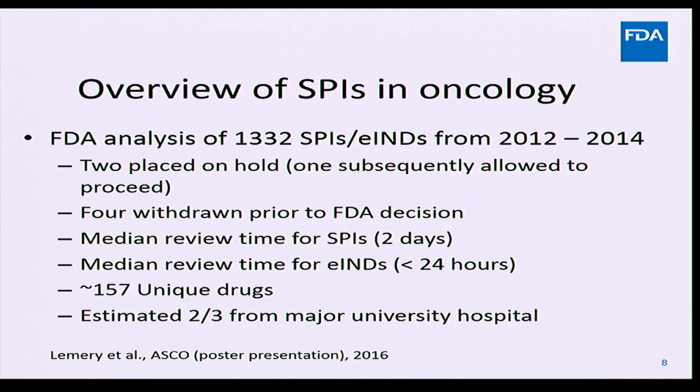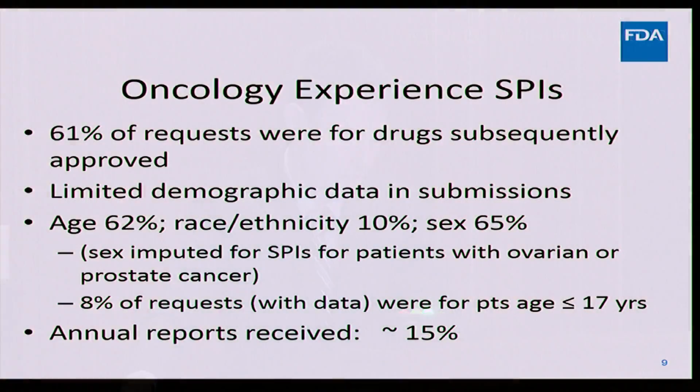In these 1,300 requests, there were 157 unique drugs, and about 2/3 of them were from what I considered a major university hospital, which means that 1/3 of them came from community centers. This may be slightly out of date, but at the time I did the analysis, 61% of the requests were for drugs that were subsequently approved.